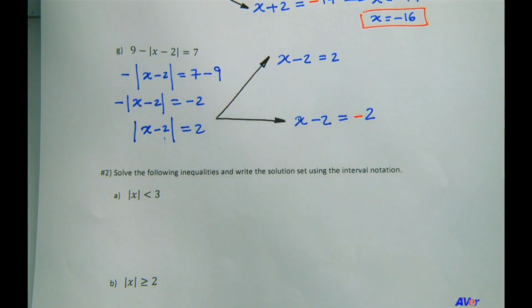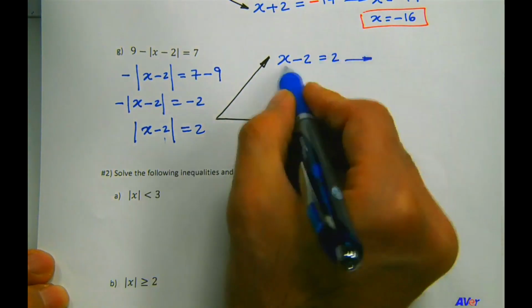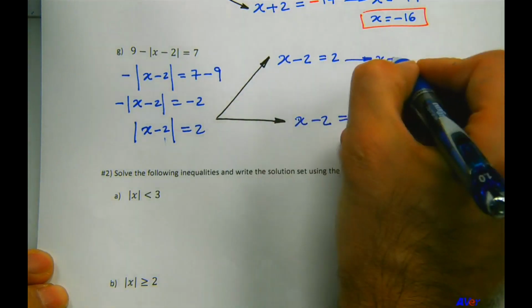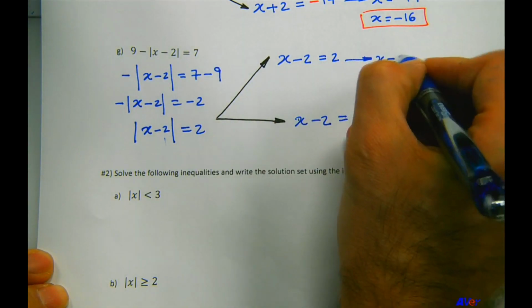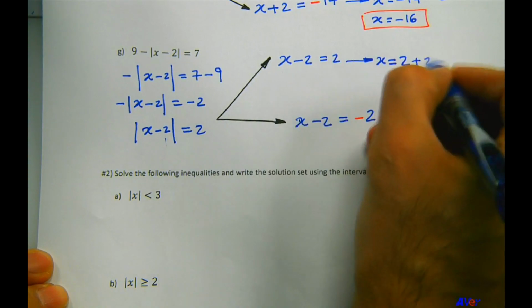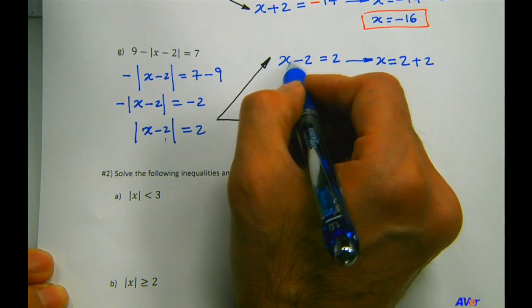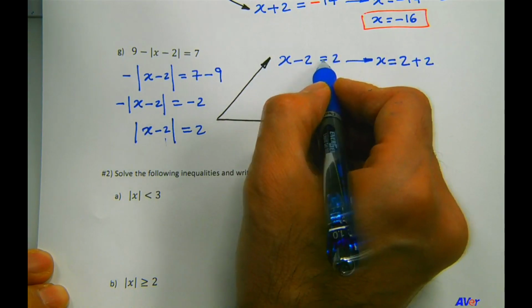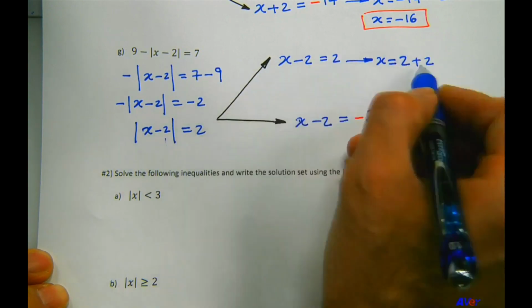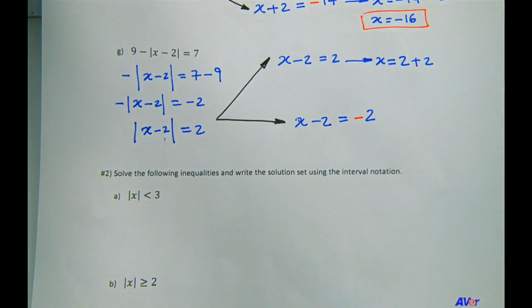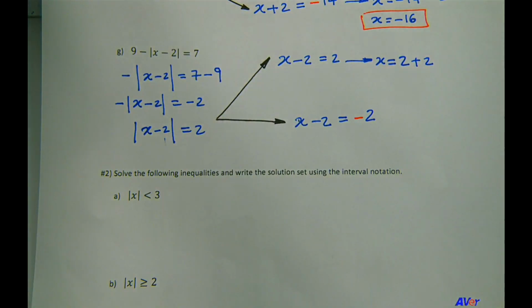Okay, all right, so let's solve for x using each path. This one, x minus 2 equals 2 becomes x equals 2 plus 2. This plus 2 is that one. It was minus 2 on the left. When I moved it to the right side of the equality, it changed the algebraic sign, plus 2. It's always like that. You can move things around both sides of the equality or inequality, but you've got to remember to change their algebraic sign. That's all.